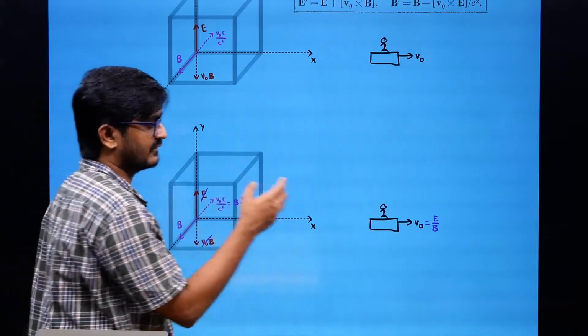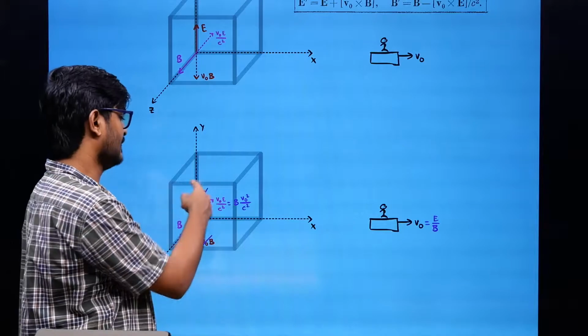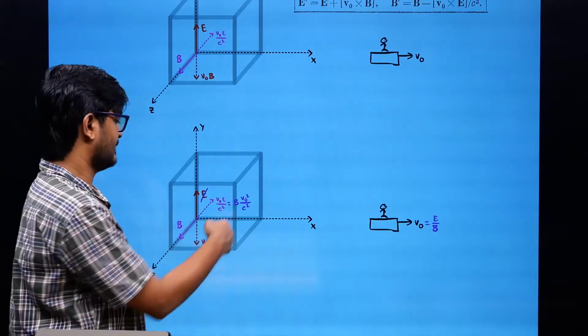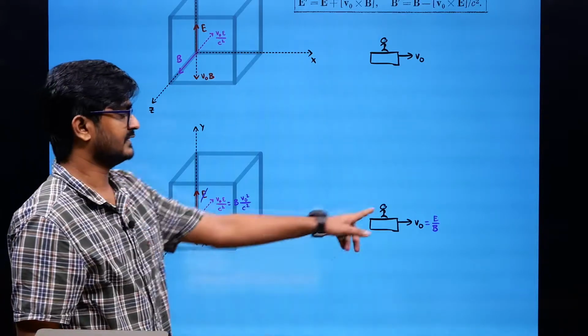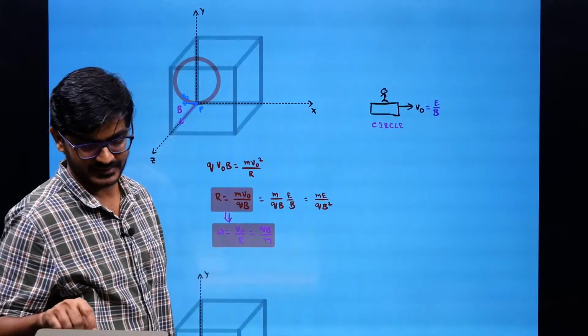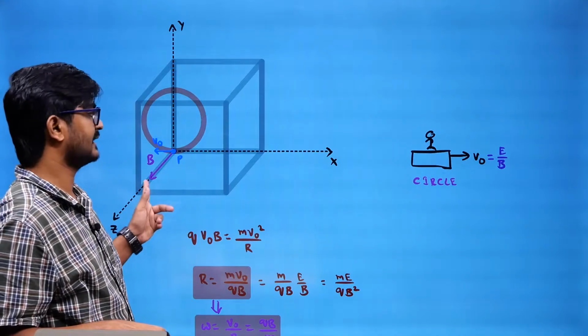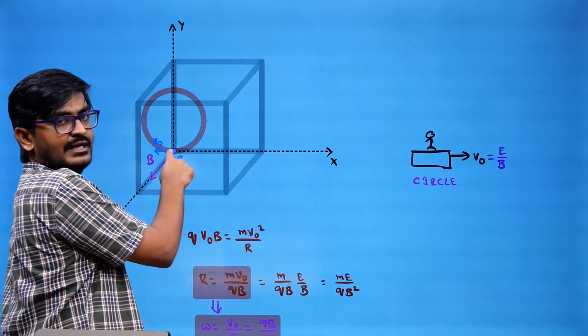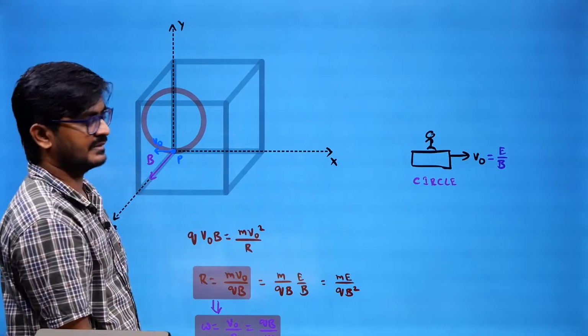So when I start observing from a frame which is moving with the speed E by B, I will be feeling the net electric field is 0, but the magnetic field is almost B. Now from this frame it is going to be quite easy for me, because there is only a magnetic field along this direction, and I will feel the particle has a velocity v naught in this direction, because from the ground frame it is at rest.